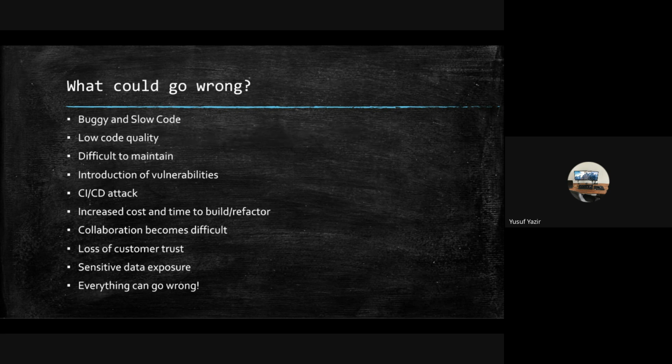So what could go wrong if you don't follow these principles? You would have buggy and slow code, and your code might be vulnerable. When it comes to bugs, your code might not run properly, and whenever users are accessing your website, it's kind of slow.